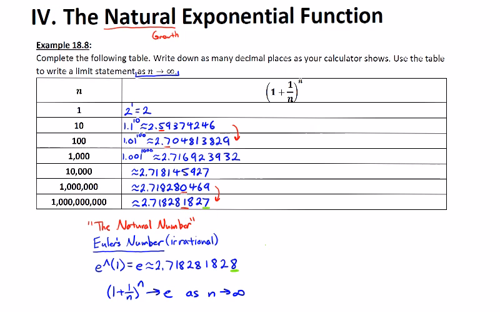And if I use the natural number as the base for an exponential function, that's going to create the natural exponential function, which is the title of this part in the section. And since Euler's number is greater than 1, we can expect this to be a growth model. So we're going to use Euler's number in an upcoming example to demonstrate what the graph of the natural exponential function will look like.